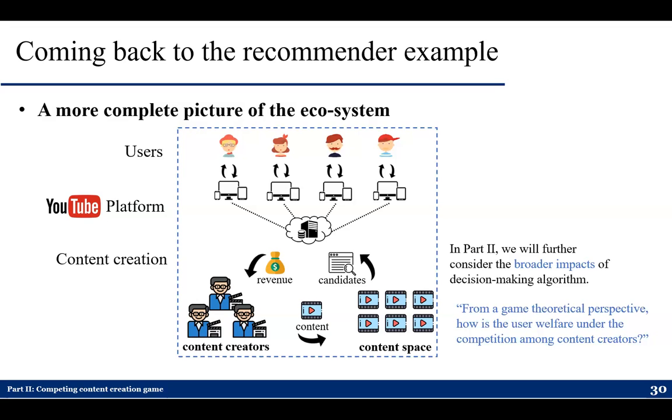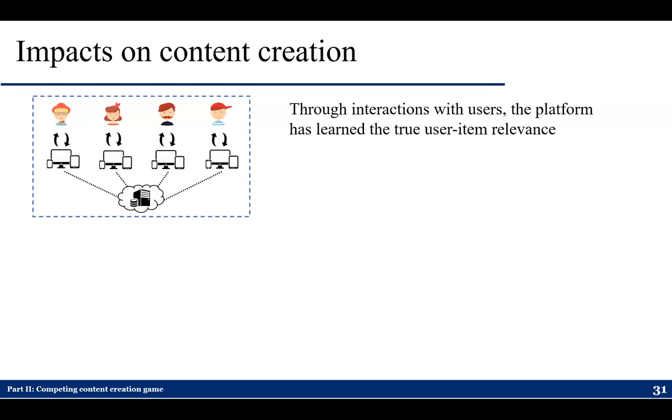So specifically in this second part of the research, we are interested in the question, from a game theoretical perspective, how the welfare of these users will be affected by this content creation process. I will be more specific in the later slides. So what exactly is the impact we are talking about?